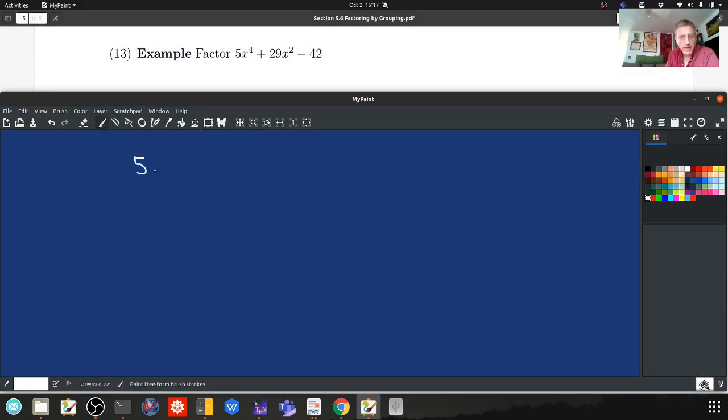So 5x to the 4th plus 29x squared minus 42. Notice that the GCF of 5x to the 4th, 29x squared, and 42 is equal to 1.